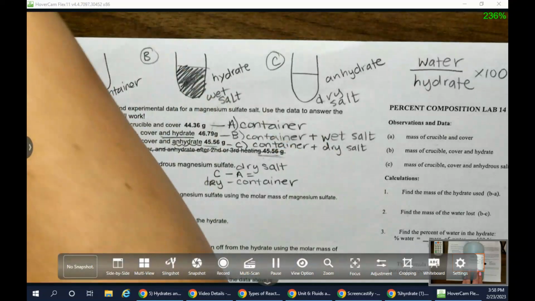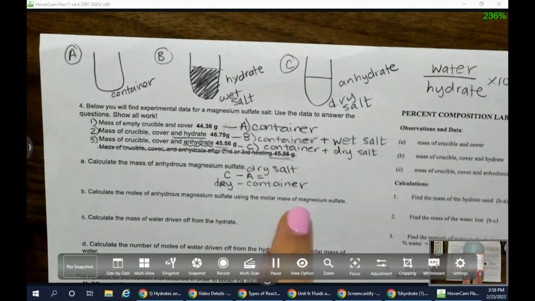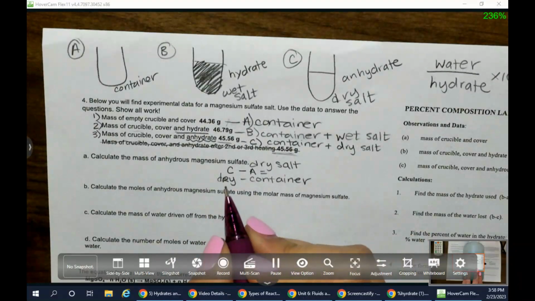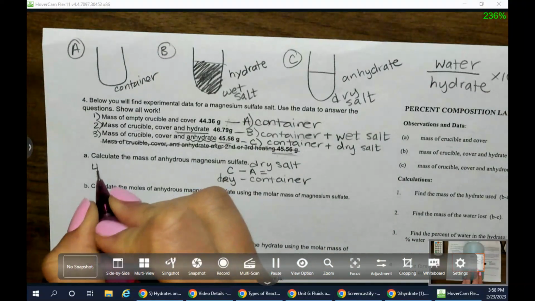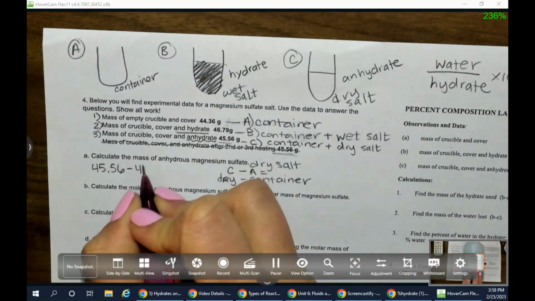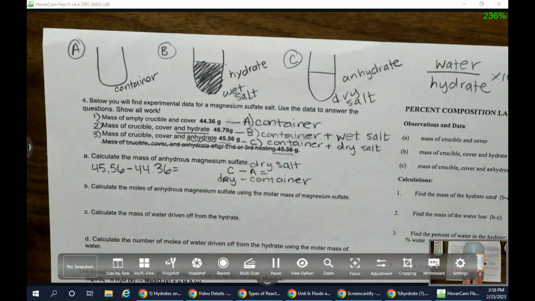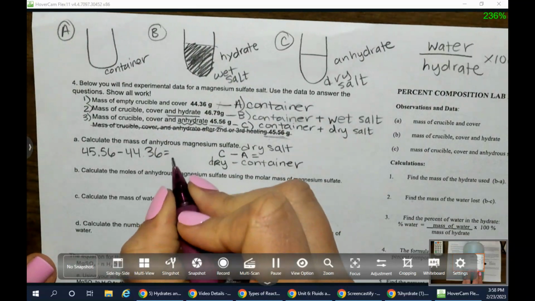We got it. So whatever the change is. So we have our dry minus container. Let's plug those numbers in real fast. C minus A. We have 45.56 minus A, 44.36. What do we get? Plug it in. 1.2. Good.